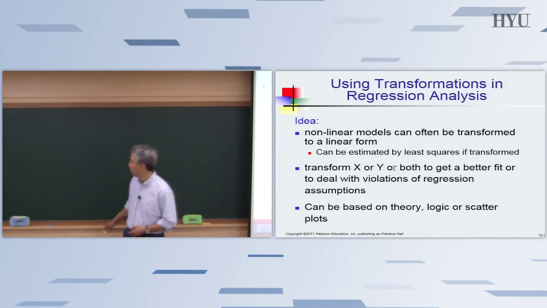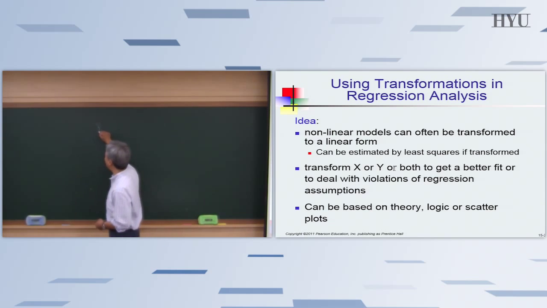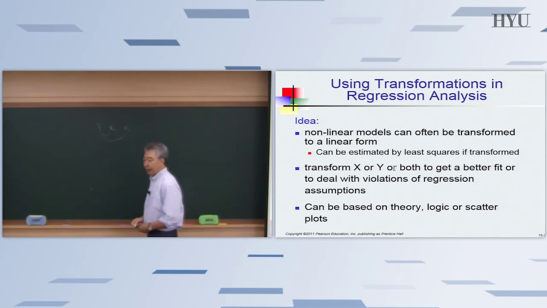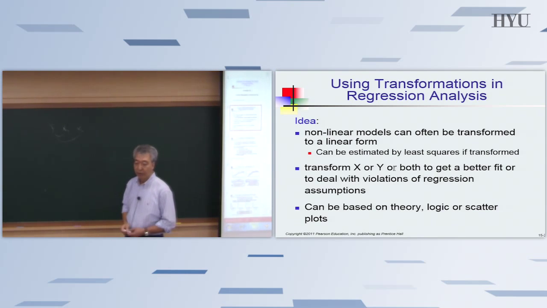We assumed a linear relationship between y and x. In multiple regression, we assume a linear relationship between y and x1, y and x2, and so on. Based on these assumptions, we could run the regression, make interpretations and inferences, and run the tests.